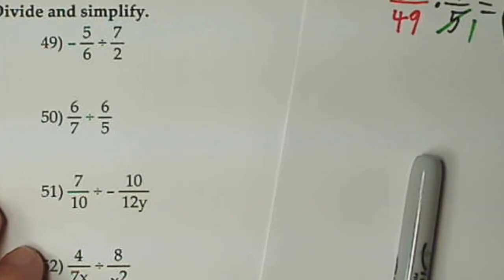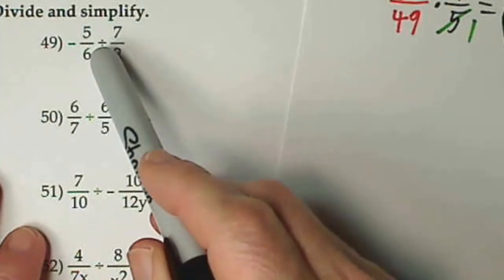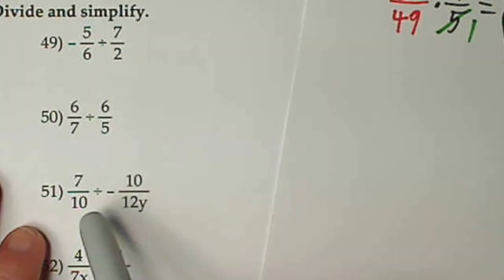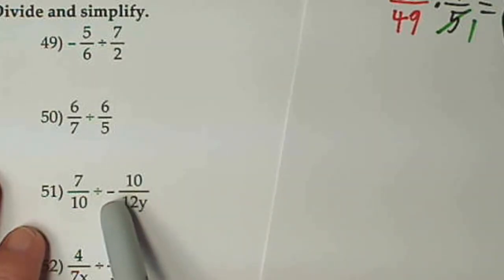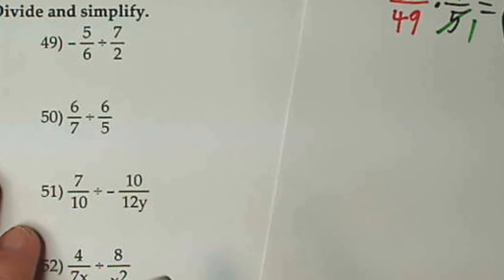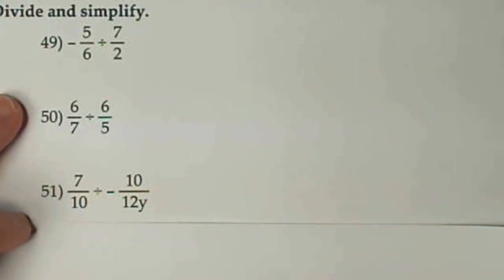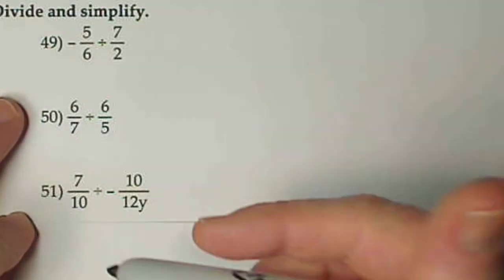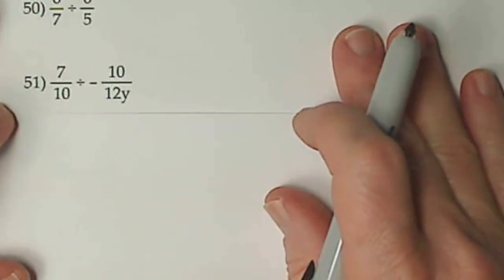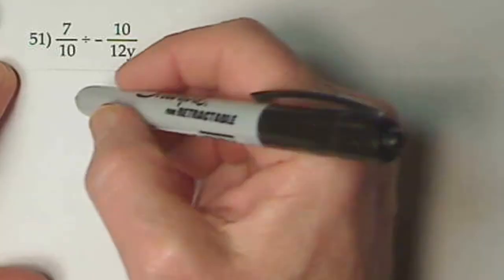Maybe I'll zoom in a little bit on that. These are all division signs here. Division, division, division, division. It's a negative sign next to a division sign. Alright, so let's see. We'll tackle number 51.